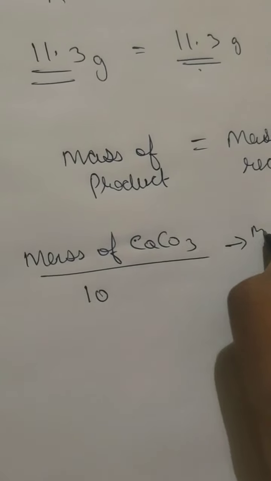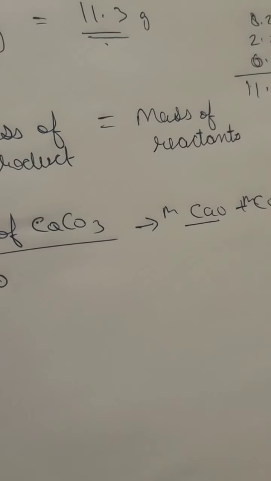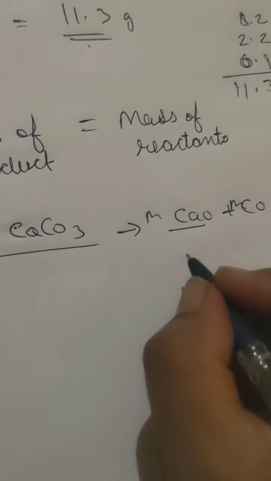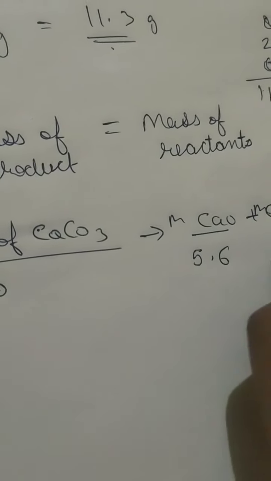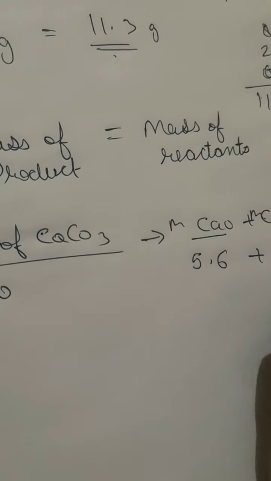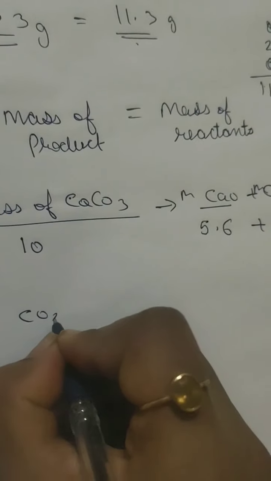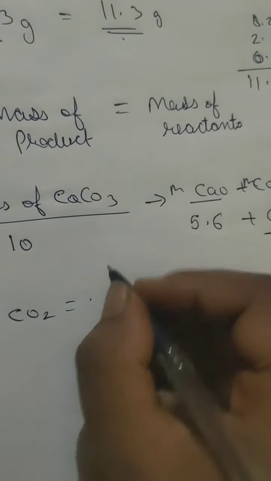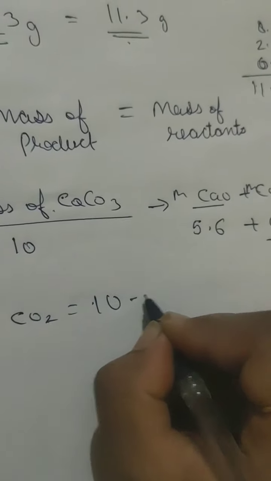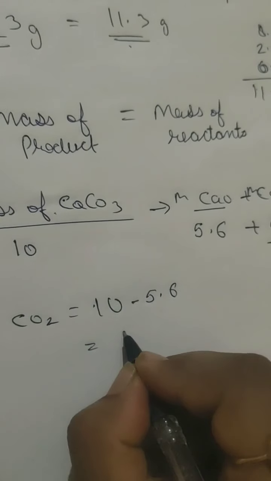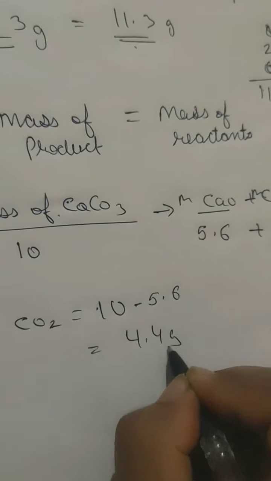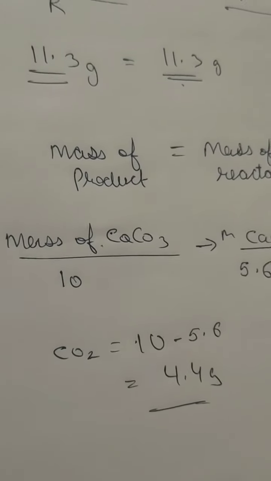That means we get 5.6 grams of calcium oxide, and we have to find the mass of CO2. We don't know it, so the mass of CO2 will be 10 minus 5.6. So we'll get 4.4 grams. That is the mass of CO2.